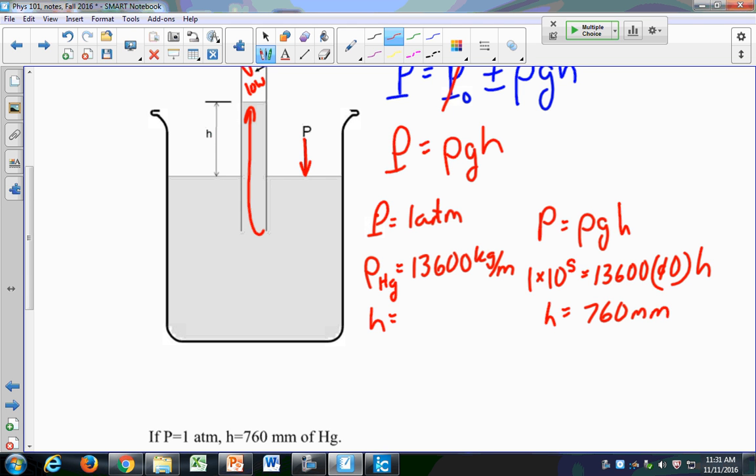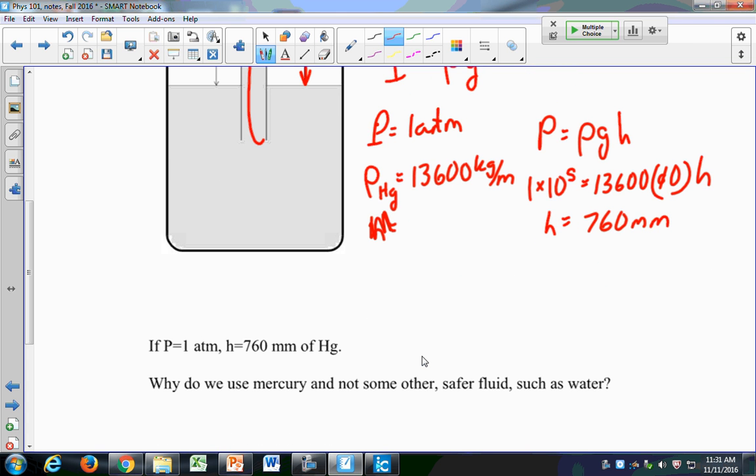Now, what if this was instead water? What would it be? I want you to take a moment and calculate what is H at 1 atmosphere for water. Remember, the density of water is 1,000. So what is the height of this column at 1 atmosphere for water?